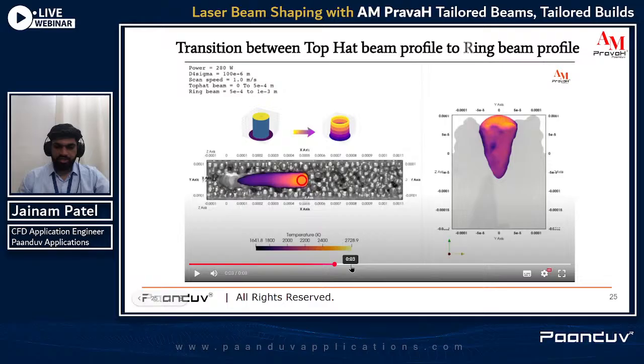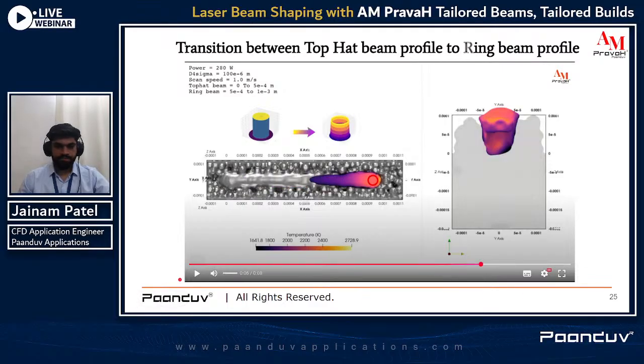Now we can see the ring shape. On the ring shape we can see that the melt pool actually looks like a square shape. Its temperature distribution is around its periphery. Mostly the heat distribution goes around in the y direction, not in the z direction.